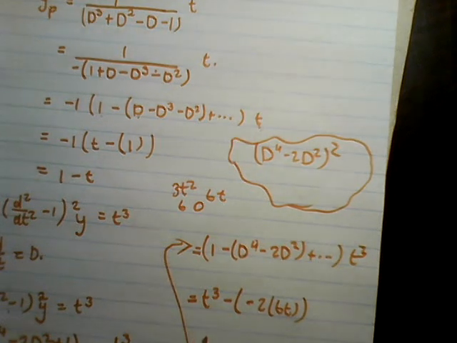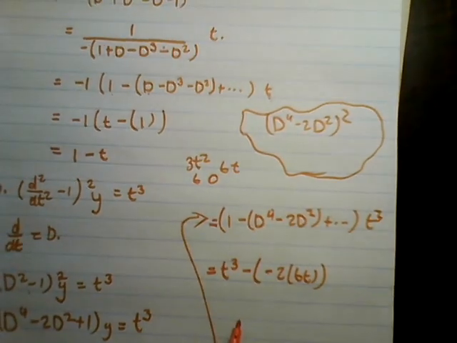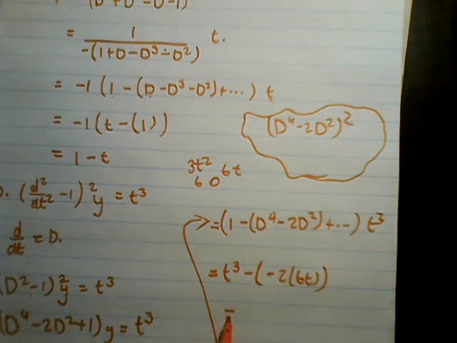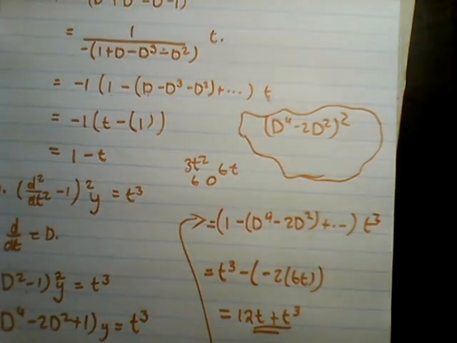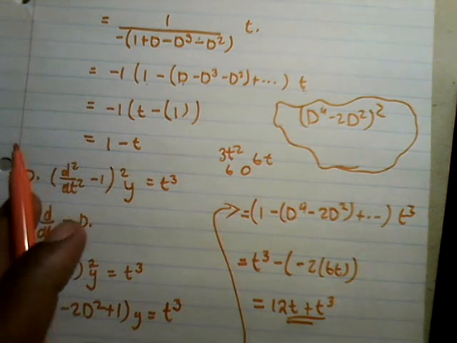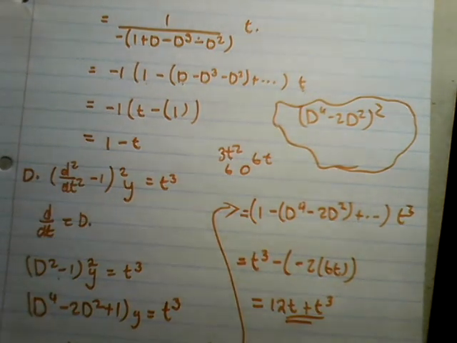Our solution becomes 12t plus t cubed, which is the particular solution of this question, question D of tutorial 15.